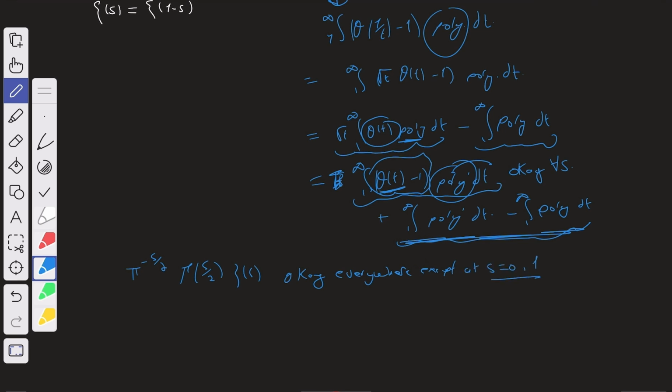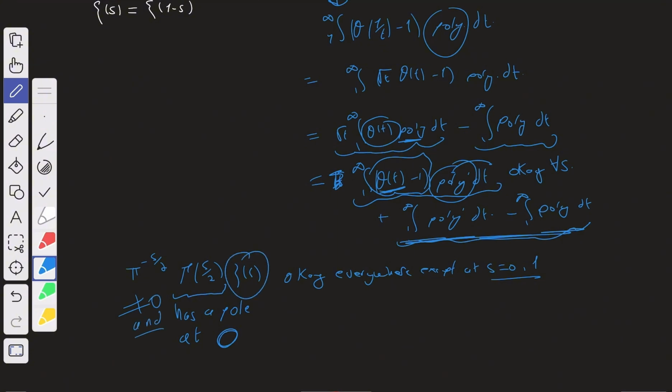However, I remind you here, there's an elementary fact about the gamma function, which is that the gamma function has no zeros. It's never zero, right? And not only that, the gamma function has a pole at 0. So this is never 0, and it has a pole at 0.